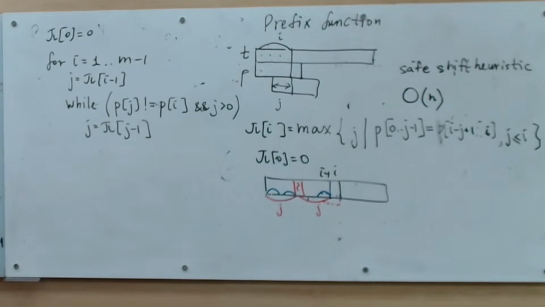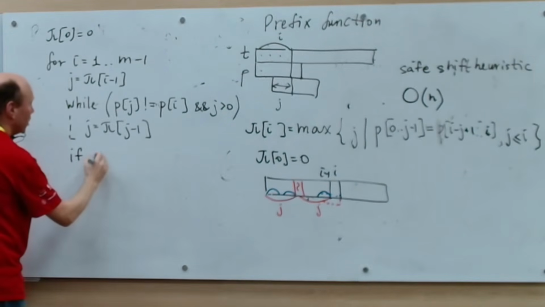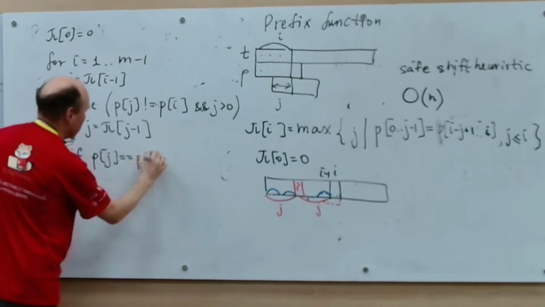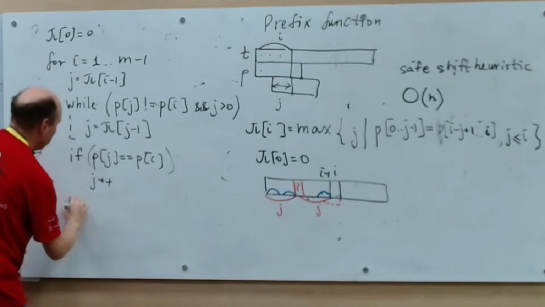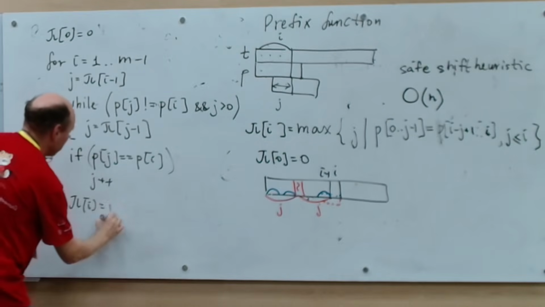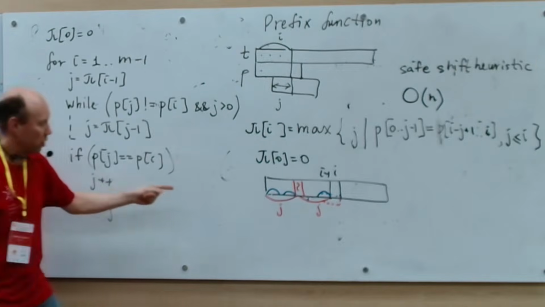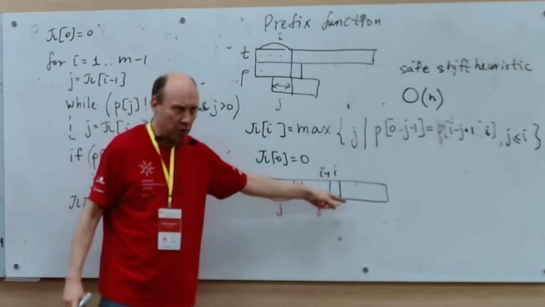And then, after this while, we say if pattern j is equal to pattern I, j plus plus, P of I is equal to j. So if a match was found, we increase it by 1. For example, for the red one, if the match was immediate, increase by 1.